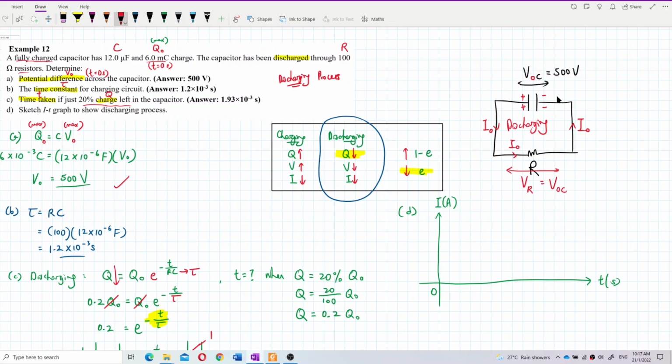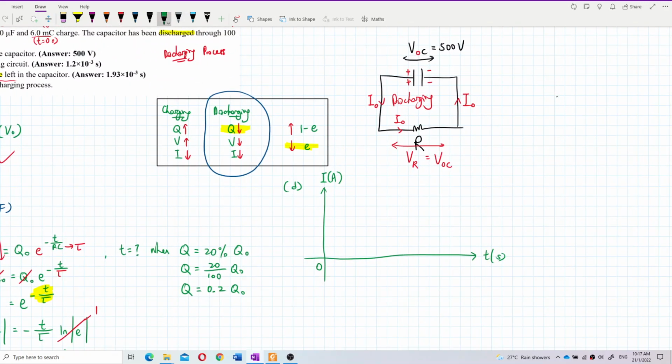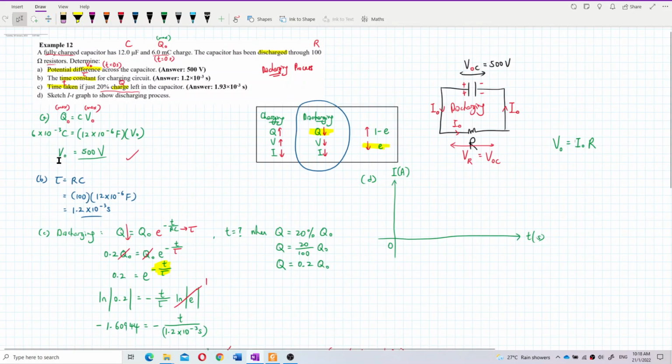That means I can use a formula to find the current. V naught is equal to I naught R. Understand? Because VR is equal to V naught C, or V naught.